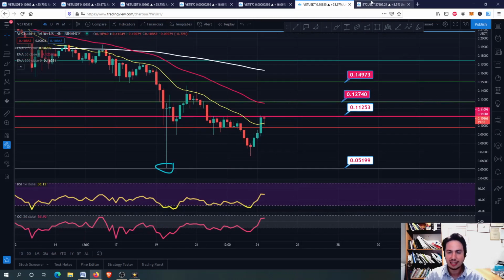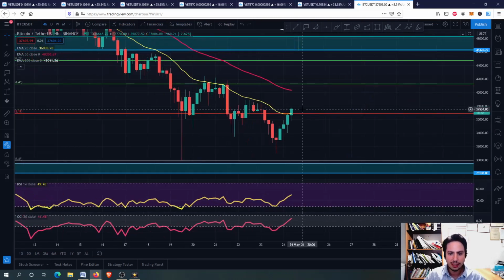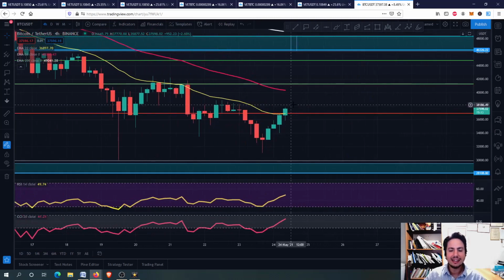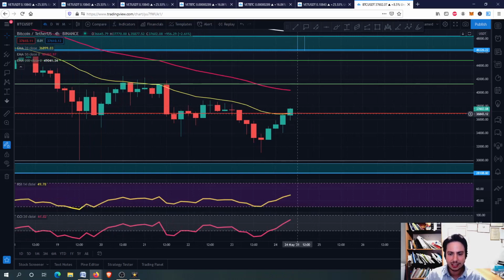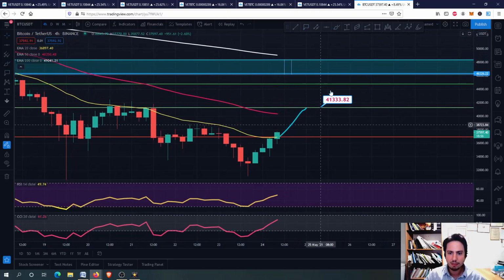So right now, what we need to see for Bitcoin, as you can see, guys, I told you in my previous videos, it's very possible to have a swing high. From the moment we make this, the 20-day EMA, our support level, it is very possible to retest this level right here, 41,000 USDT, guys, even more.